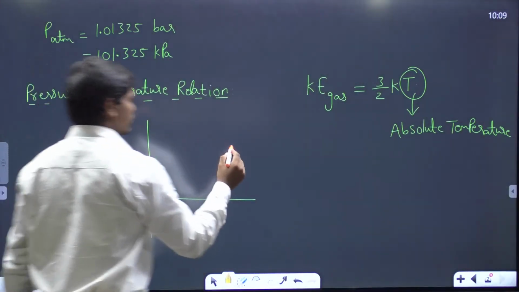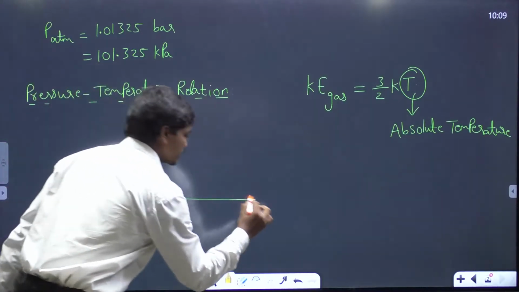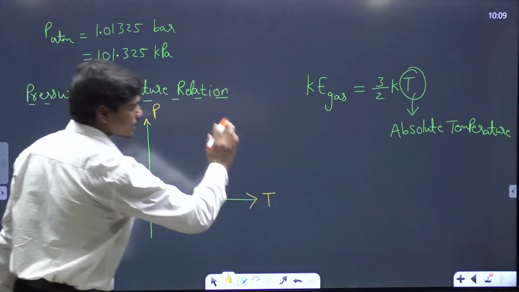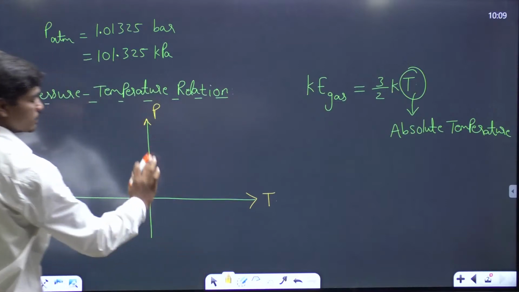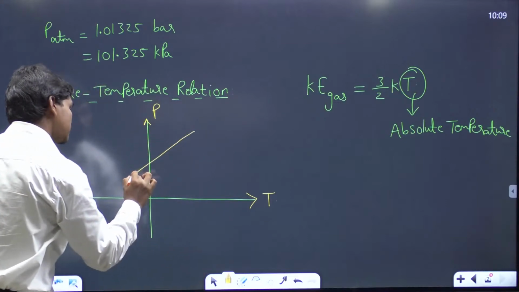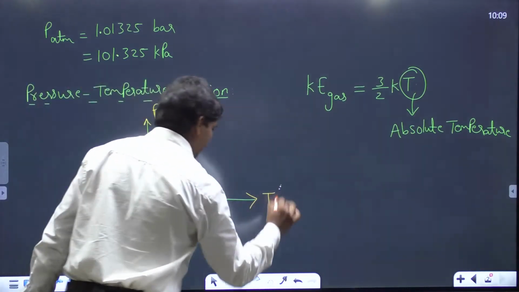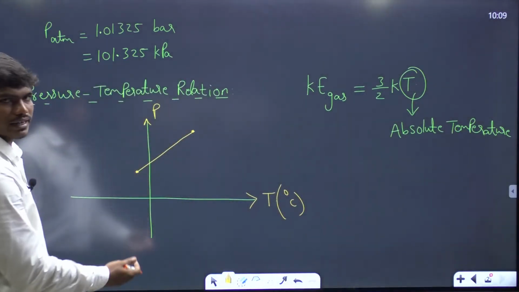they have tested different gases and plotted pressure versus temperature curves. By the time they gave this, there was no kinetic theory of gases, which evolved later, but experimentally they found something. First they took one gas and plotted pressure versus temperature. Of course this temperature is in degrees centigrade, so we can go negative, for example -10, -20.